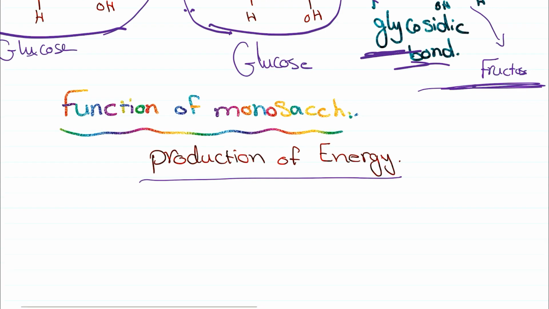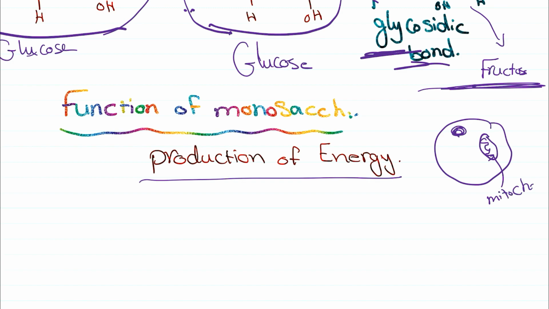For this part, we have a special organelle. This is the cell. We have the nucleus, and we have a special organelle called the mitochondria. Glucose goes into the mitochondria. Inside the mitochondria, with the help of oxygen, the glucose is broken down into carbon dioxide and water.